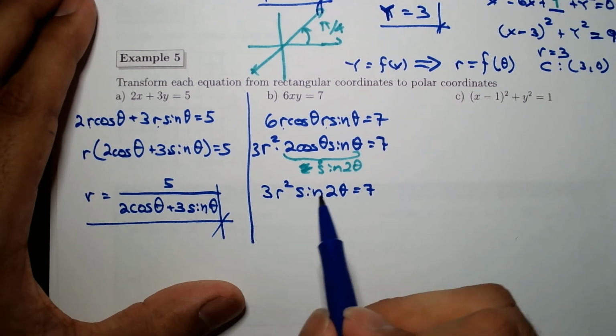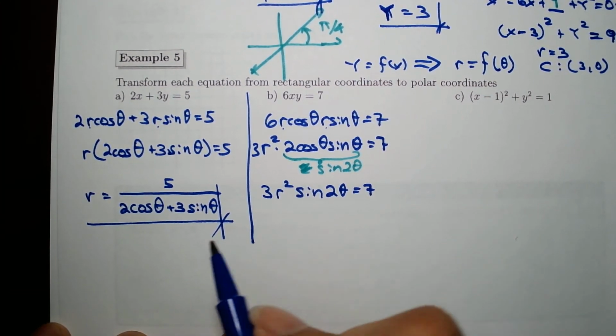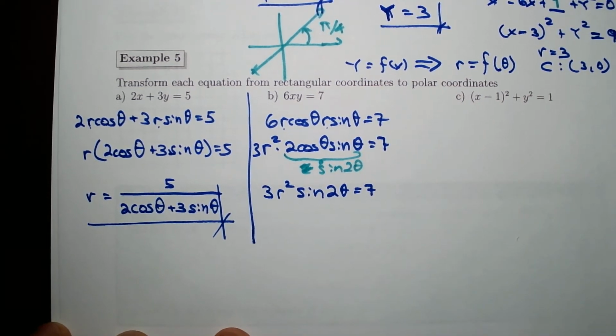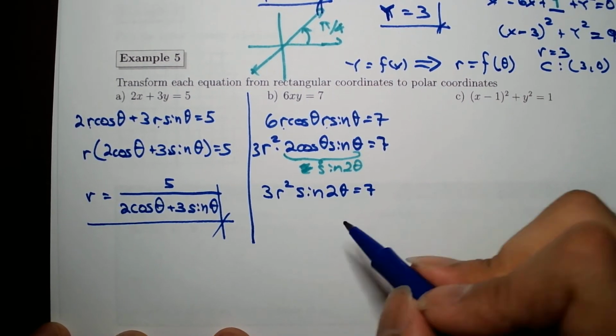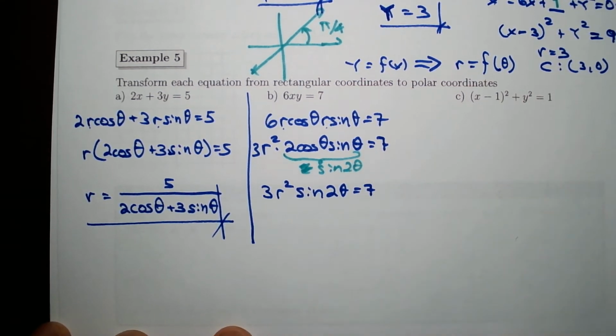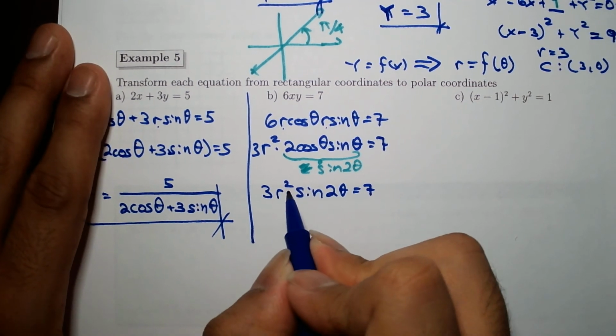The reason we're not solving for r is because r has a power of 2, and then we would need to use the square root property, giving us a positive and a negative answer. You don't want to have that. However, we can further solve for r squared only.